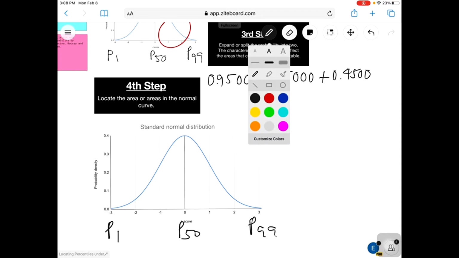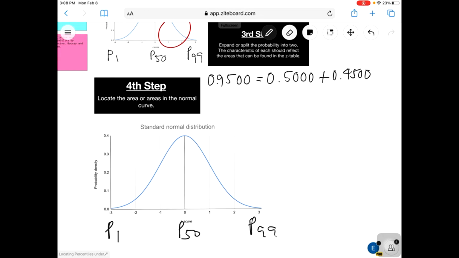We have two areas. The first area corresponds to what you see entirely at the left side of the normal curve. This is our 0.5000, the entire left side of the normal curve.